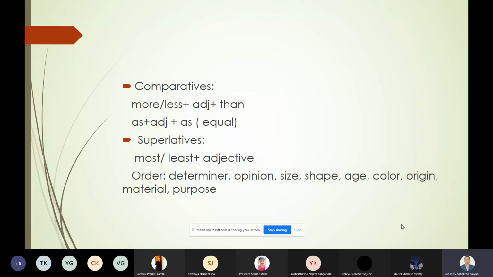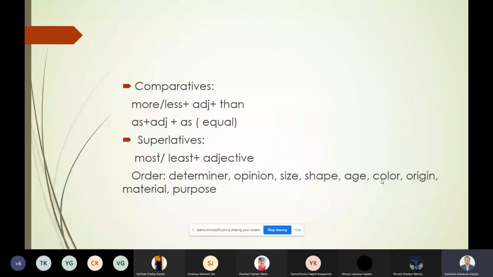Okay, so while doing the comparison, we are using the word more or less plus adjective plus than. Ramesh is taller than Mohan. Okay, so again, this is just one example. In this example, we found that one kind of comparison is done.